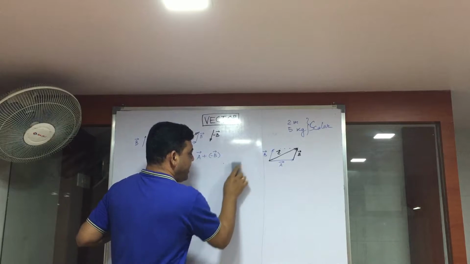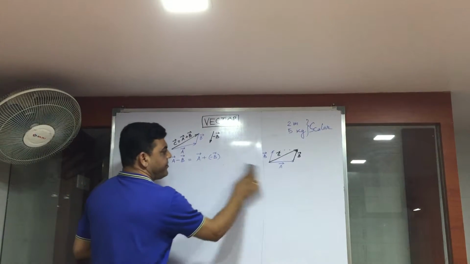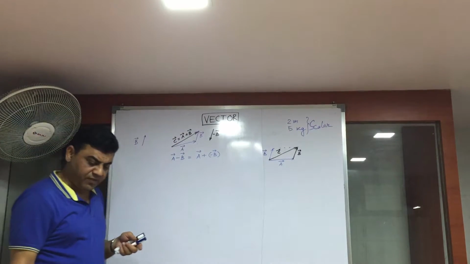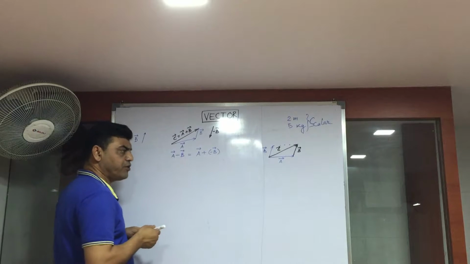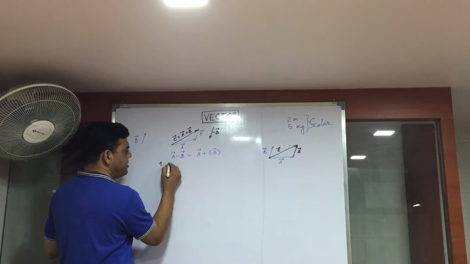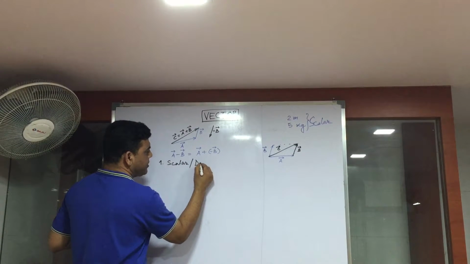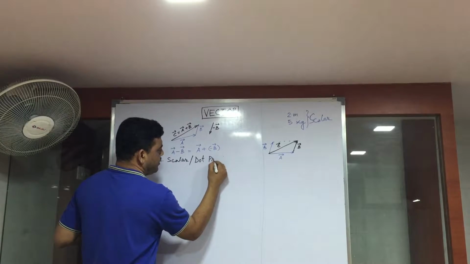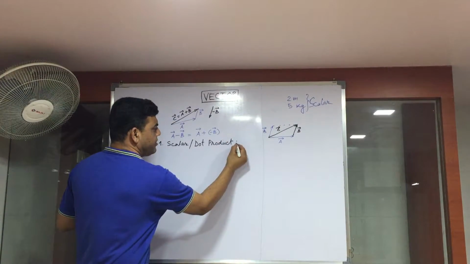If we have two vectors and we want to multiply them, there are two defined products of vectors. The first one is called the scalar or dot product. What is this scalar or dot product?